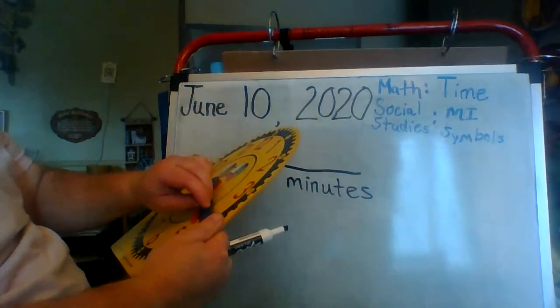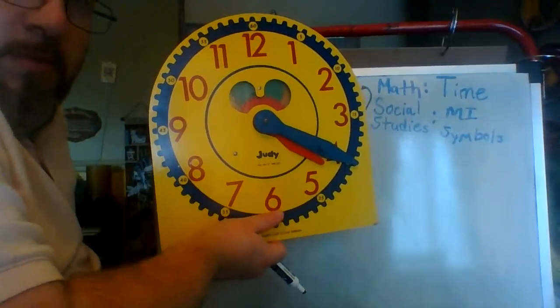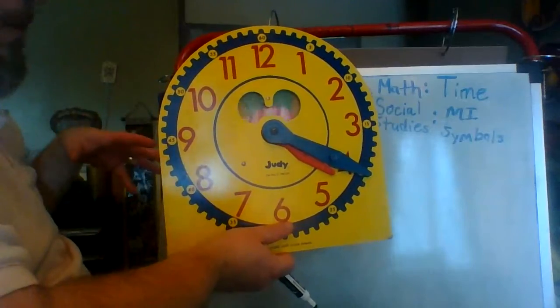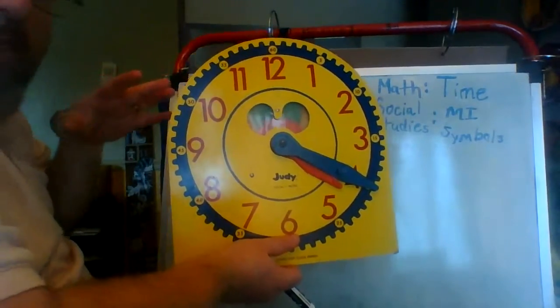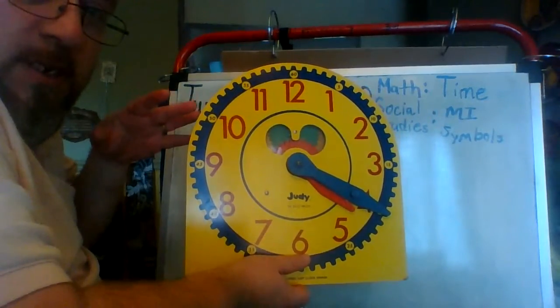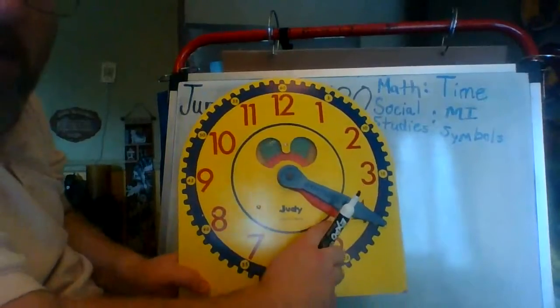Here's one. This one almost looks a little tricky, but again, break it into its parts. Find your hour first. Then count by 5 to the minutes. So my hour hand is my small hand.